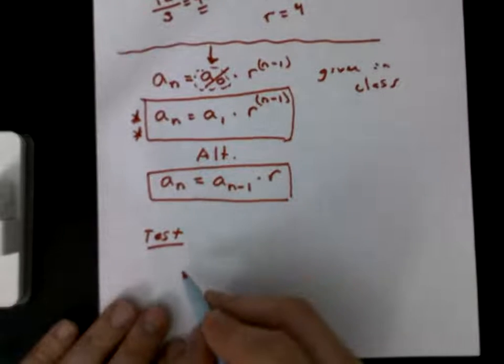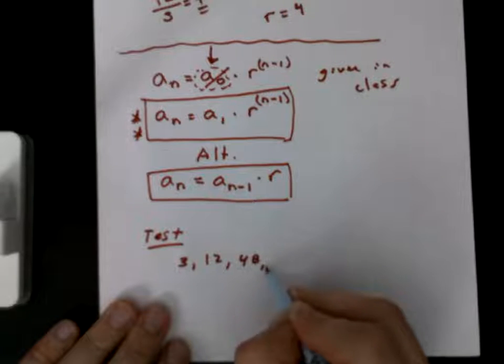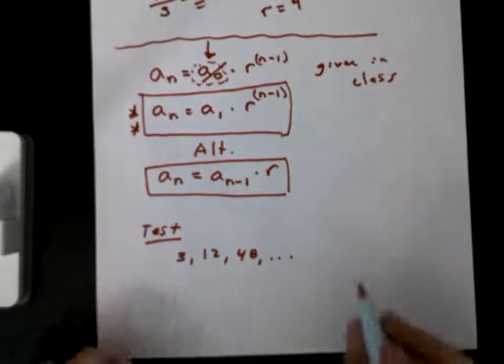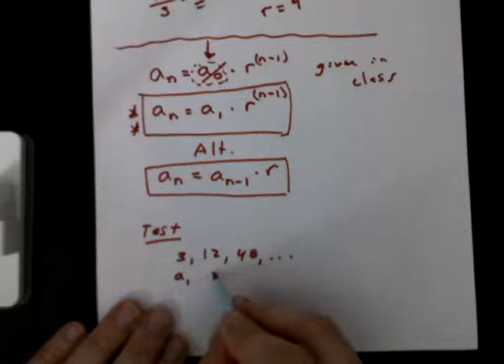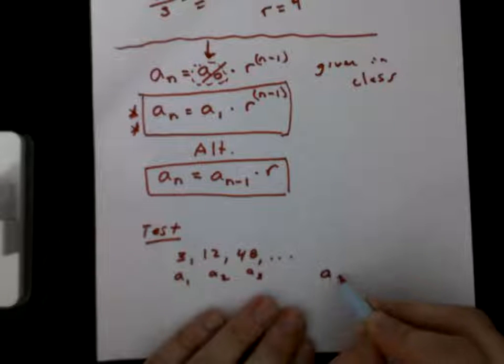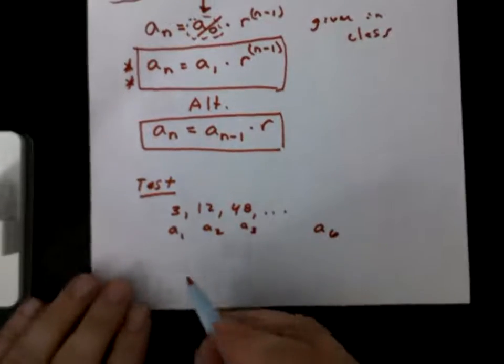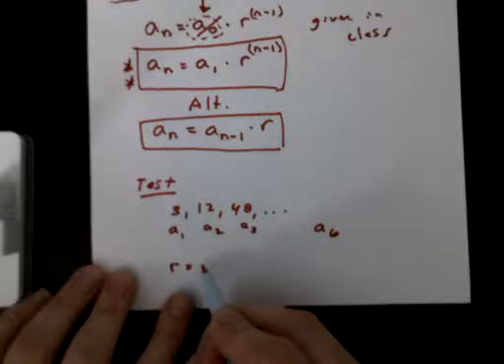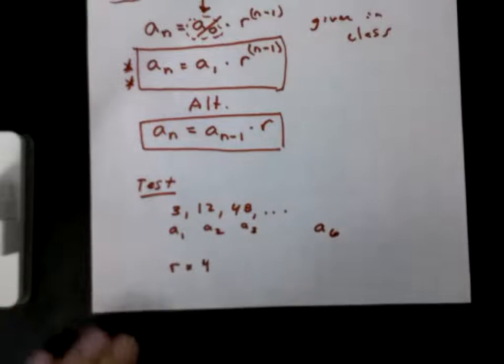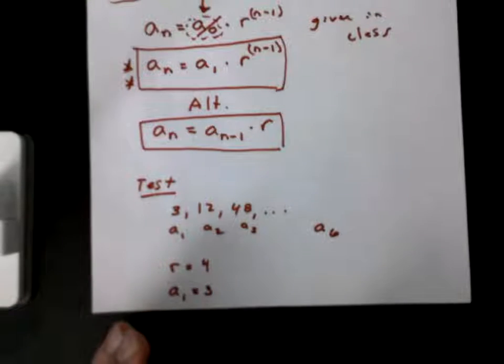So our test was, remember, 3, 12, 48. Let's say that this is a sub 1, a sub 2, a sub 3, and I want to go to a sub 6. According to what we just found, we know that r is going to be 4, and a sub 1 is 3, not 0.